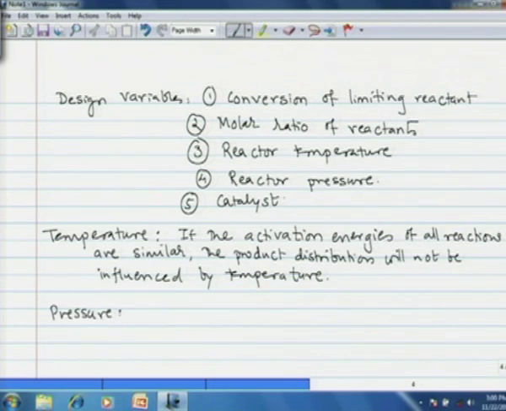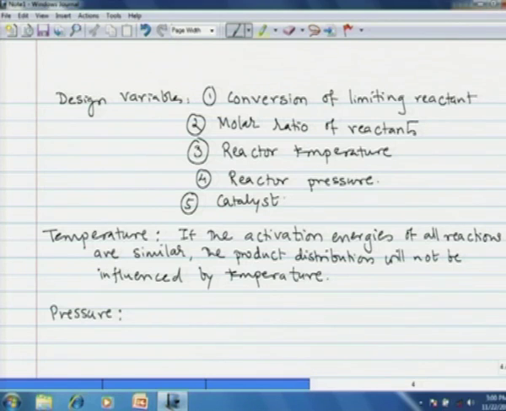The reactor pressure. Liquid phase systems are not so sensitive to variation in pressure. So, if the phase of the reaction is liquid, then it is unlikely that pressure will affect the product distribution significantly. Even in case of gaseous reactions, pressure will not matter if the total number of moles of product as well as reactant are same.